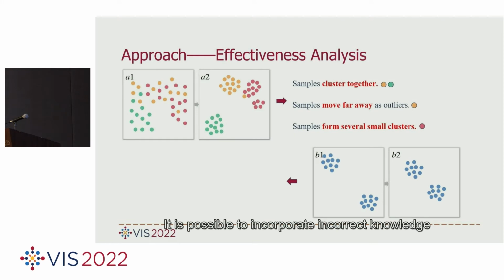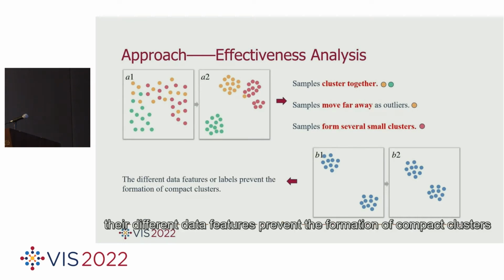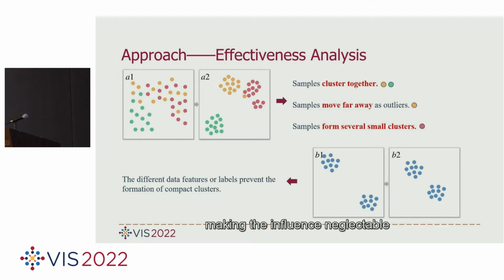It is possible to incorporate incorrect knowledge, such as pulling samples with different features into a group. The knowledge thus pulls these samples closer. However, their different data features prevent the formation of compact clusters, making the influence negligible.